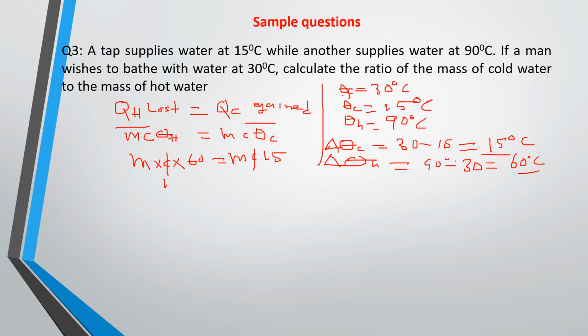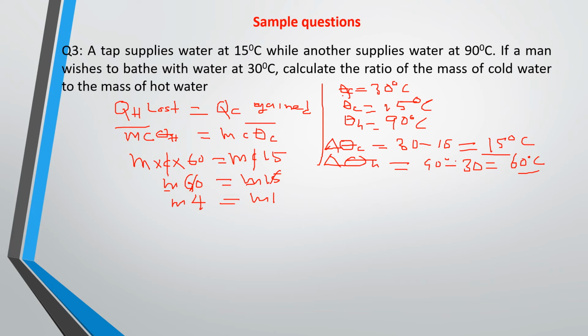So we now have M hot times 60 equals M cold times 15. Now you can simplify 60 and 15. If you divide 60 by 15, you will have 4.